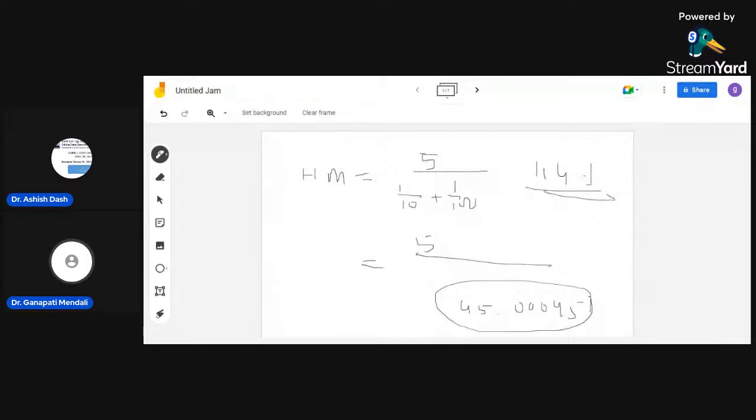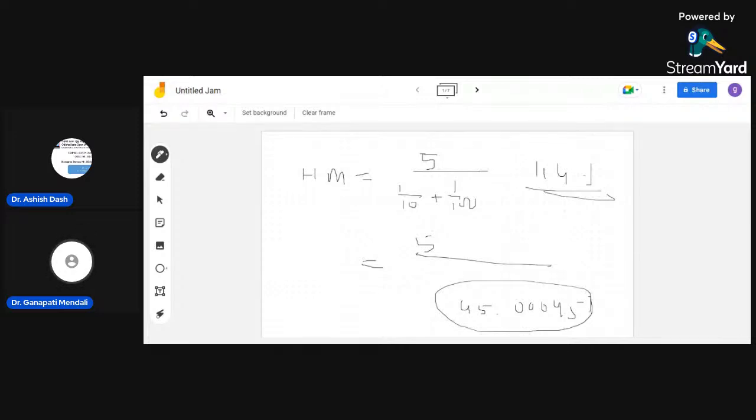For a continuous series we can use the formula with fi instead of x, and the middle value mi. Now, what are the merits and demerits of the harmonic mean? It is based on the values of all the observations of the data. It is less affected by extreme values.